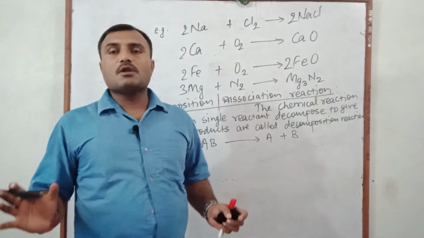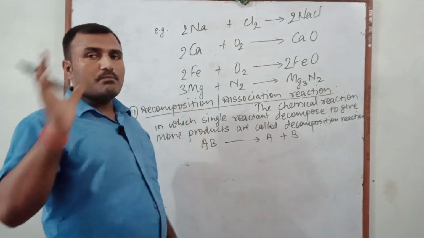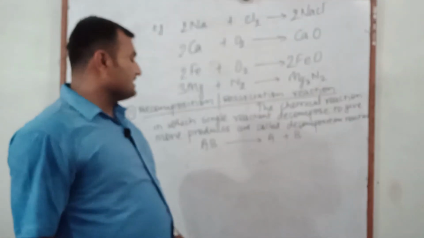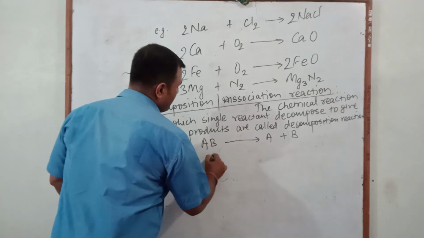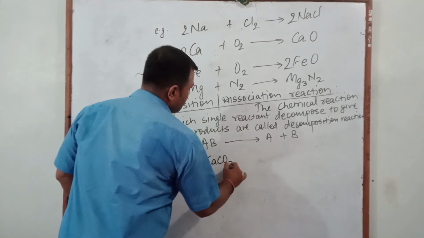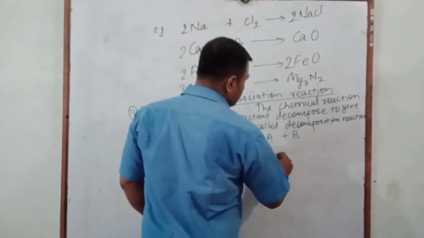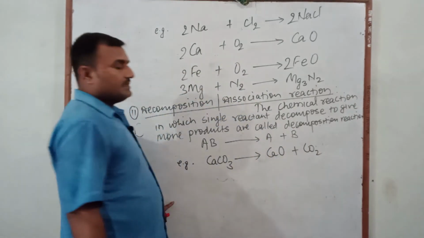Generally a bigger molecule which contains more atoms, that type of heavier compound, decomposes to give lighter elements, as for example calcium carbonate, limestone. It decomposes, then it gives calcium oxide and carbon dioxide is formed there.